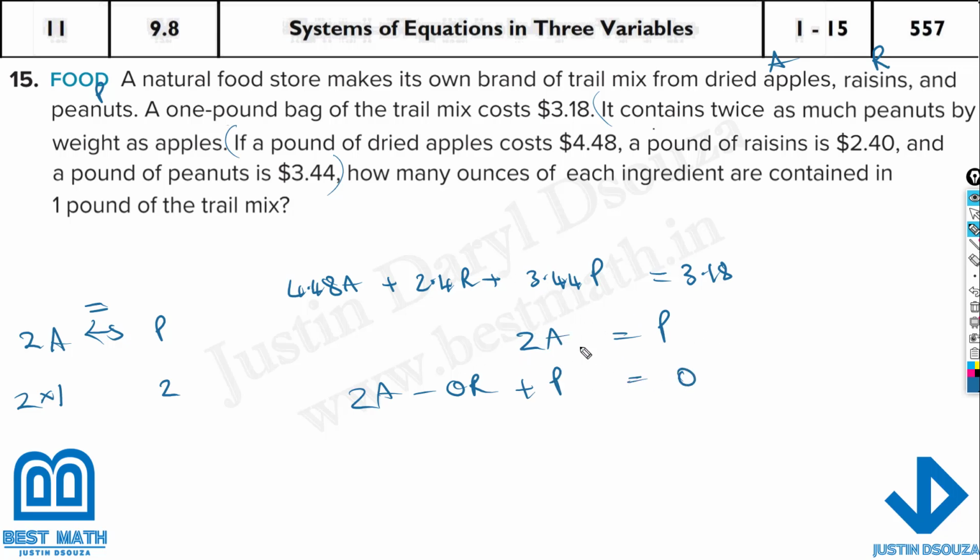But there's one more, we need 3. This is the same equation I've written over here. But what about the third one? We know 1 pound requires apples plus raisins plus peanuts, that will be equal to 1, because all these three things are required to make the trail mix. So these are the three simultaneous equations.